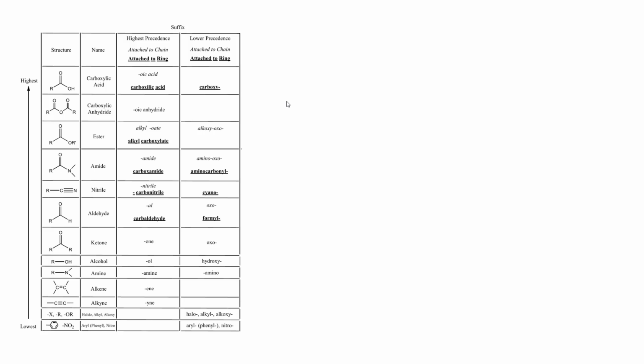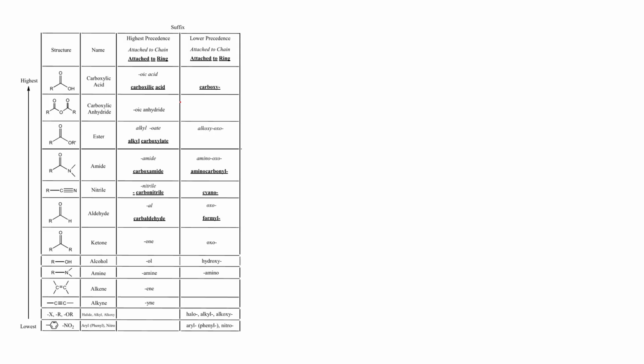If I'm going to ask you to name, or if naming is important, I'm going to have to figure out a way to allow you to use something like this chart. But very simply, if we have a molecule that we need to name, this is the chart that we use to figure out what the highest precedence is in the molecule in terms of the chain and of the functional group.